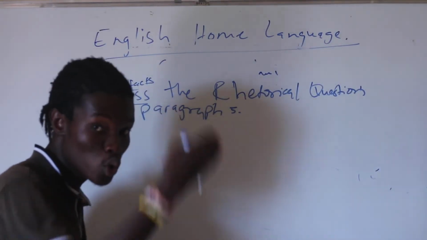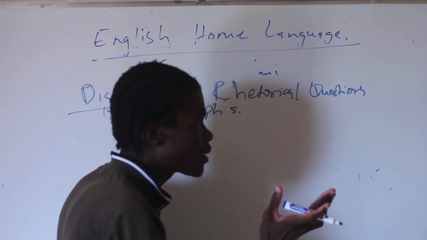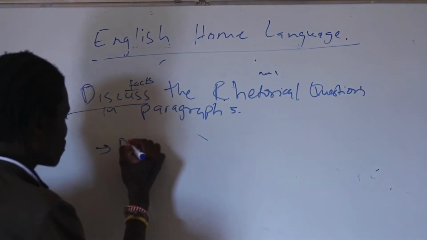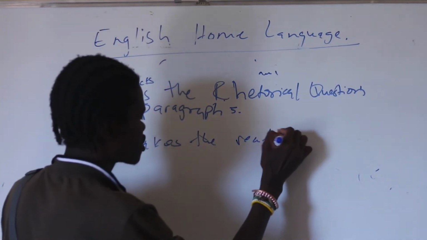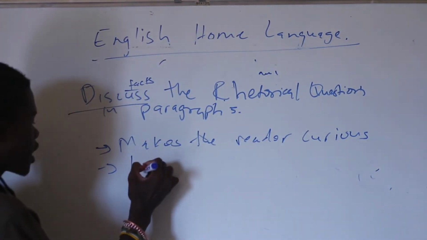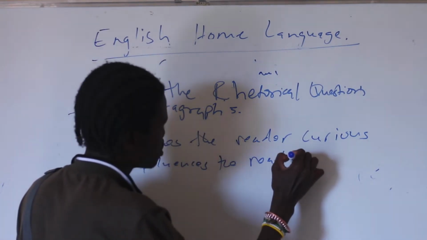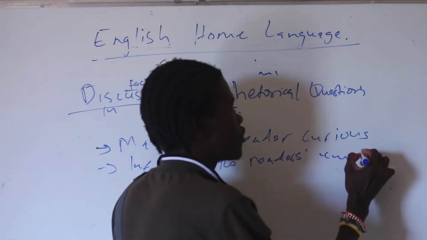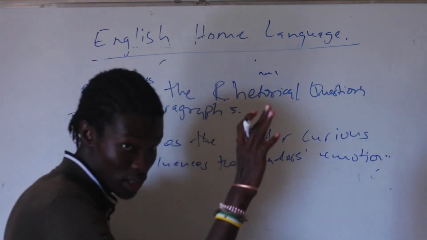You go to what I told you, the crunch notes, and you say a rhetorical question does what? Oh, it makes somebody curious. It makes the reader curious. Alright, what else does it do? It influences the reader's emotions or something, right? Sure. Discuss. That's what you say.